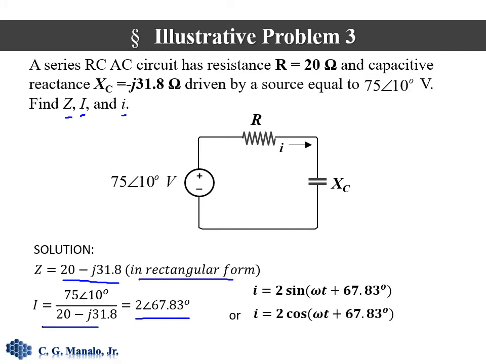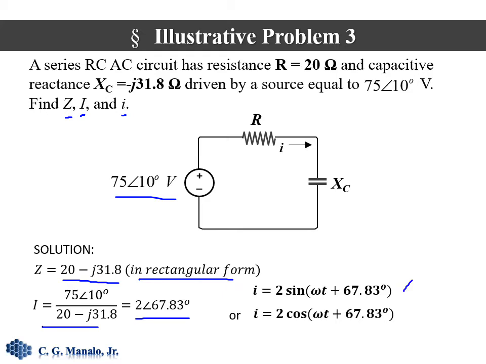Now, how do we compute the time domain I? Since we don't know whether the source came from a time domain source expressed as a sine or a cosine function, we could have two answers here.